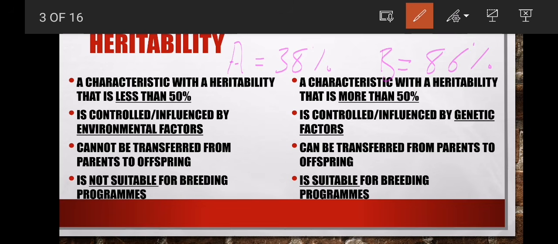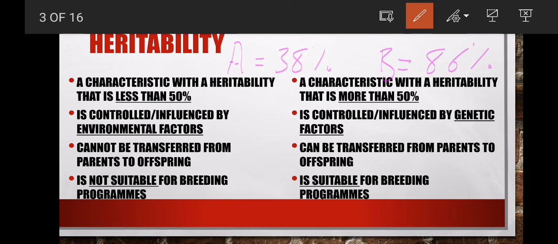Make sure that you take note of this part. Then a question comes and says, which characteristic would you advise a farmer to select in a breeding program?